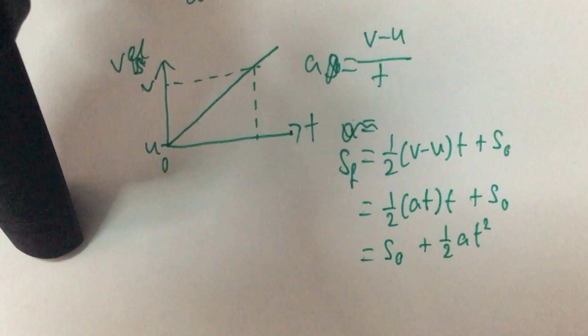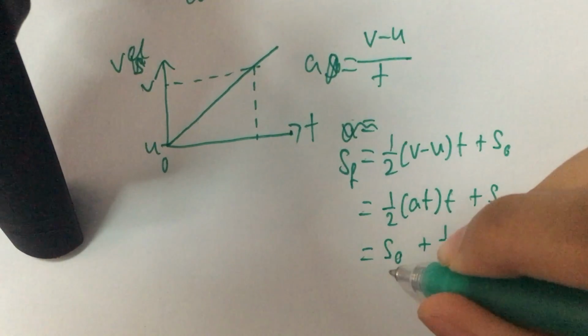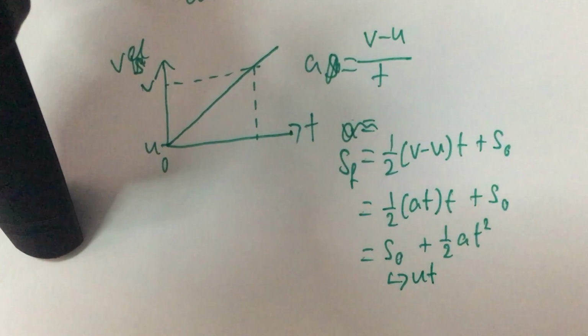It's not that hard to remember. So you just use it for situations where there's only uniformly accelerated motion. Do not use it for a question that uses non-uniform acceleration, or some weird motion that's not even straight. You cannot use it for your circular motion, for example. So yeah, just take note of that.